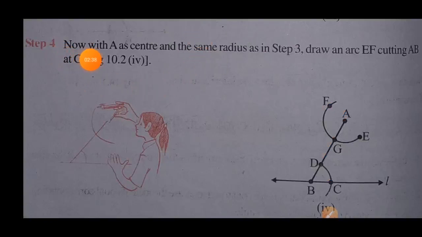Now step 4. With A as center and the same radius as we took at point B in step 3, draw an arc EF cutting AB at G. This is our G as shown in the figure 4.